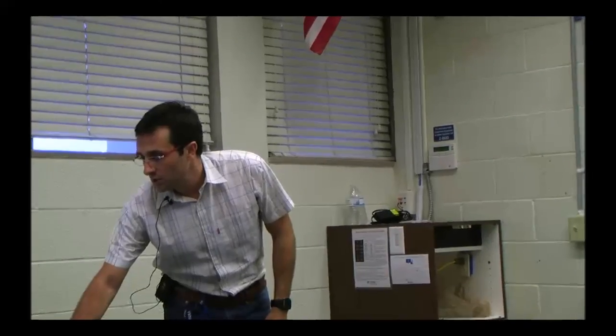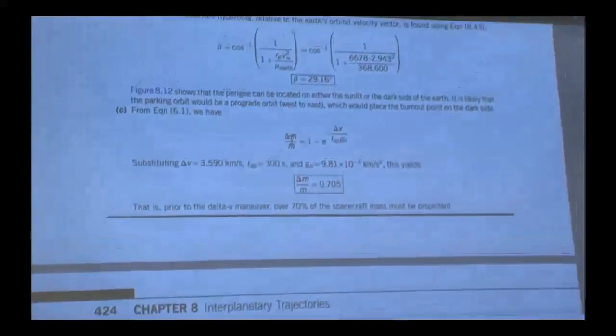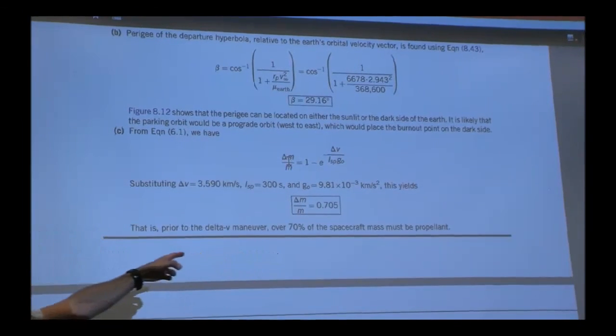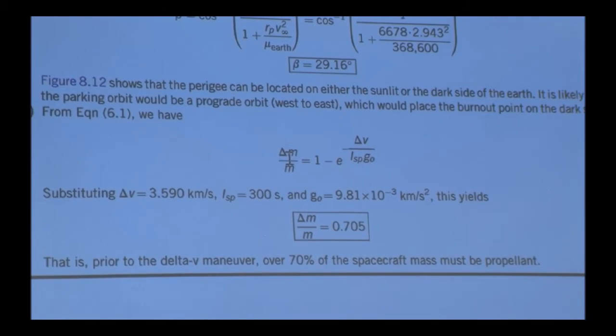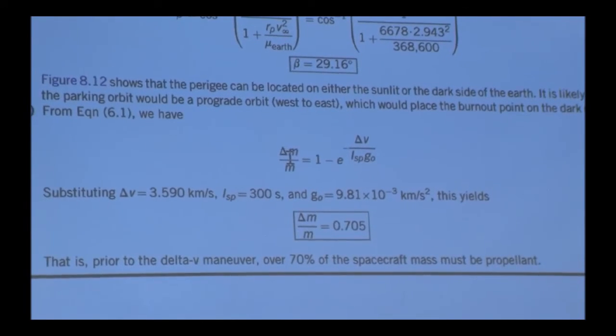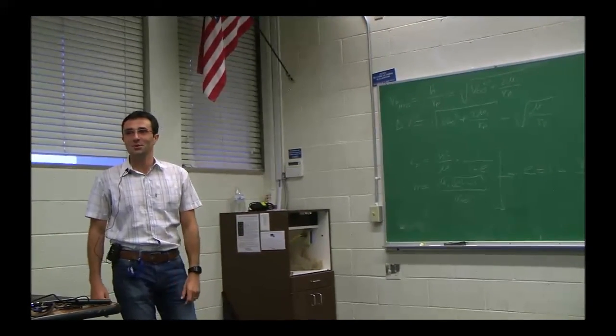It's 3.6 kilometers per second with an engine of, remember this expression here? With an engine that has an ISP of 300 seconds, which is a realistic one, you are using 70% of your mass just to go away. So it's a big deal. You may not be able to come back. In this case, I don't think you can come back. If you're going to do comparable maneuvers at the other side, you don't have another 70%. We don't have 140% fuel usually, right?